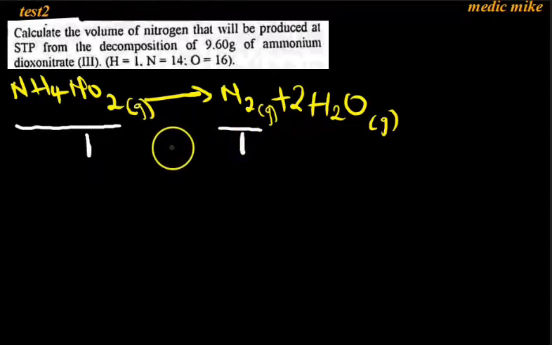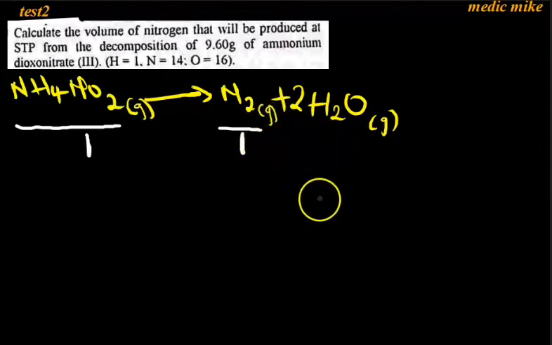Now the next thing to do is to work with the quantity that was given to you in the question so that you can use it to get the other required quantity. What do I mean? In this question, we were given 9.6 grams of ammonium dinitrate, and we need to find the mole of ammonium dinitrate in this reaction so we can compare it to the mole of nitrogen.